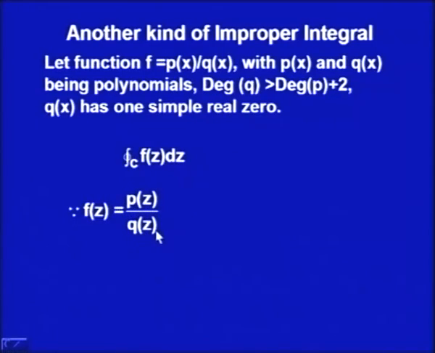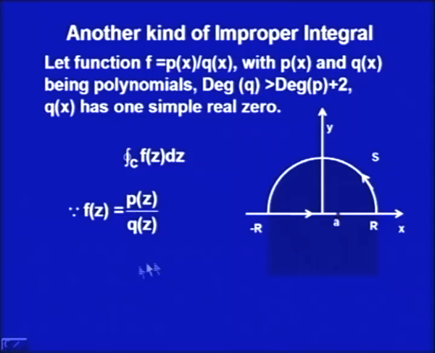Since q(z) has a real zero, if I take the contour as we are used to, that is, the semicircle bounded by the real line, then because q(x) has a real zero, say at a point A, in this contour C, which consists of our semicircle and this portion of the real line from minus R to plus R, we would have a pole on the contour.